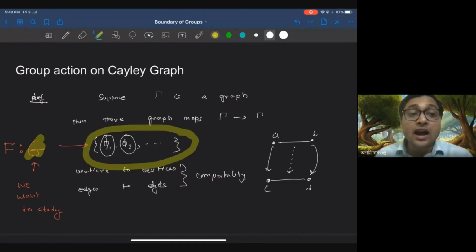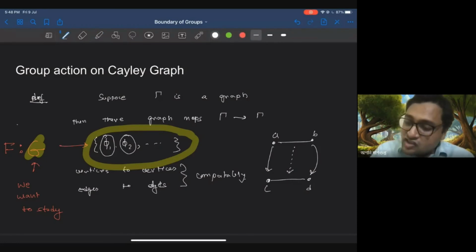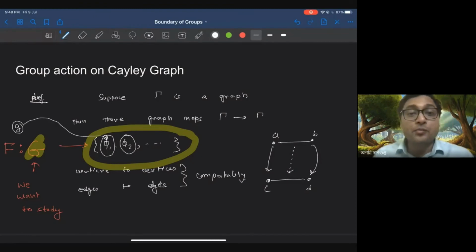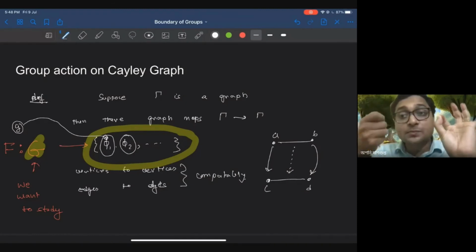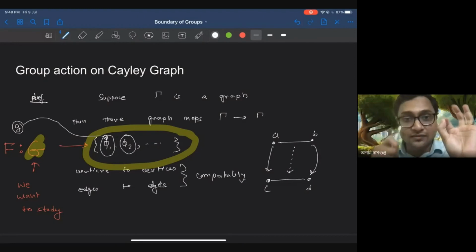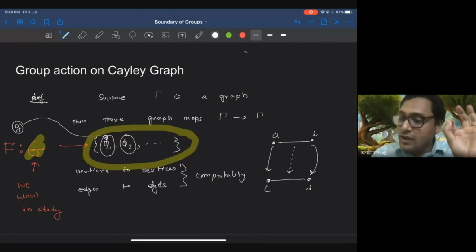If this is too hard for you, think about it like this: each element of the group is mapped compatibly to some map from gamma to gamma. So you can basically think about group elements as maps of that particular space to itself. So you have this group G, which contains a bunch of elements.